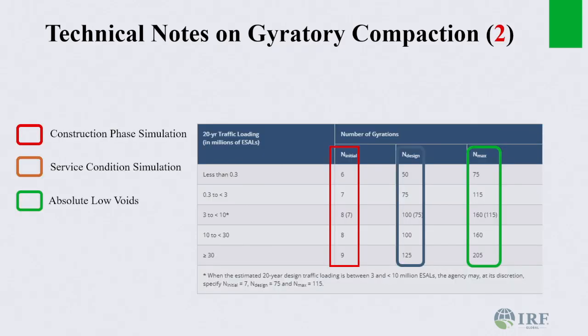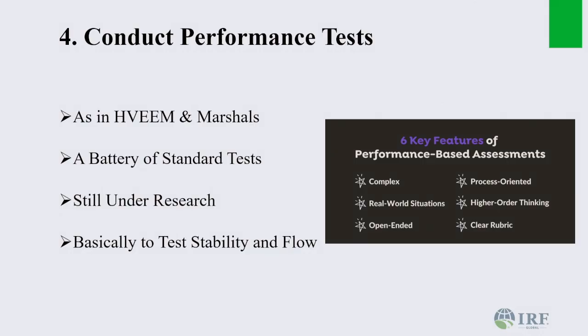All right, so we now conduct performance tests. As we do in your normal Marshall or Hveem tests, there are new tests that people do, like the IDT, the indirect tensile test. Do you do IDT here, where you take a cylindrical specimen and look at the number of cycles and all those things?